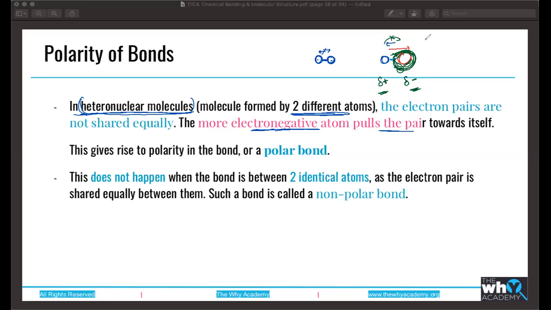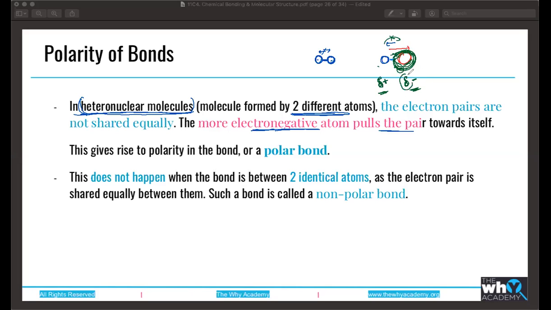You can think of it that way, right? So you have partial charge only. One side of the molecule has more electrons, so it has a partial negative charge, and the side lacking in electrons has a partial positive charge.